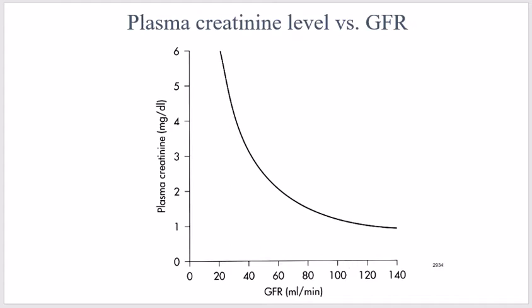Thus, under steady state condition, the creatinine excretion rate equals the rate of creatinine production despite reduction in the GFR. However, this normal rate of creatinine excretion occurs at the expense of elevated plasma creatinine concentration, as shown in the figure.